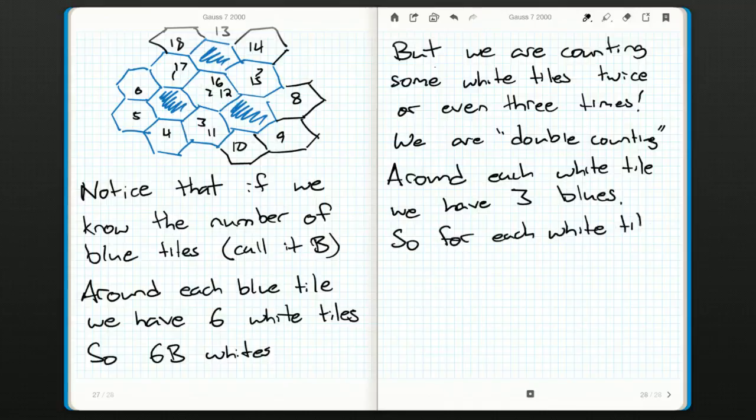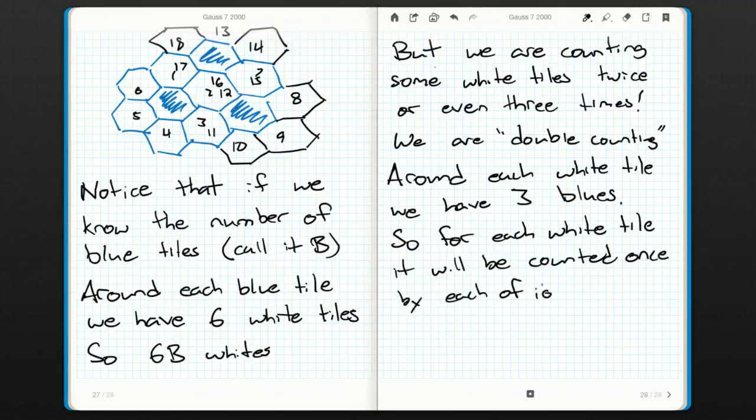So for each white tile, it will be counted once by each of its blue neighbors.